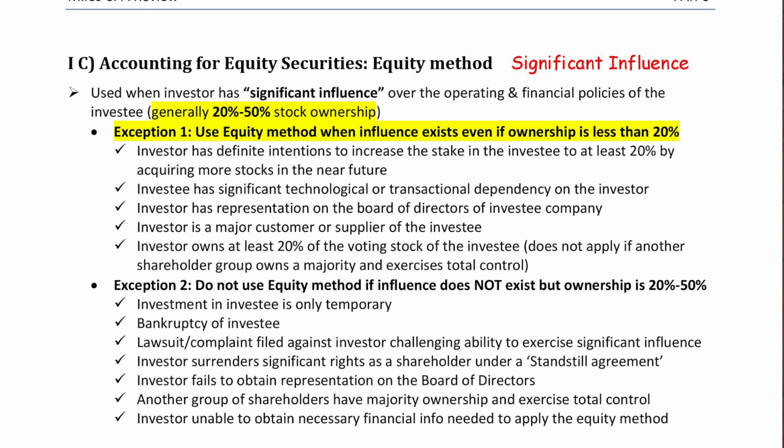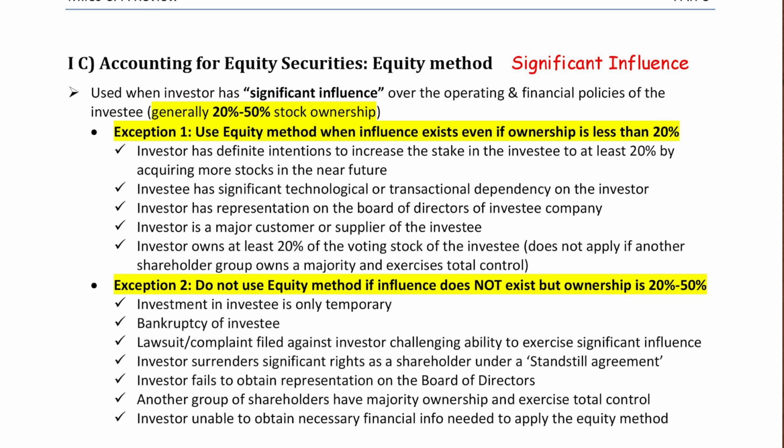To the contrary, let's look at exception 2. Do not use the equity method if influence does not exist but ownership is 20 to 50%. So as I said, it's the significant influence that matters most. Don't get fixated on the percentage.